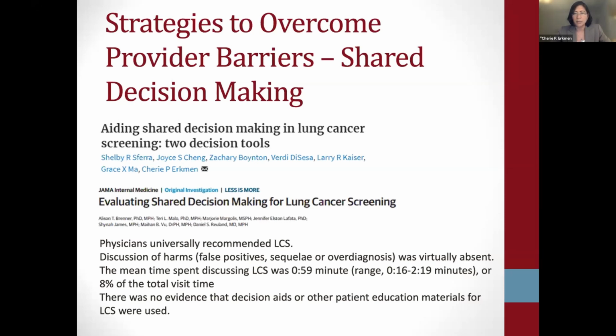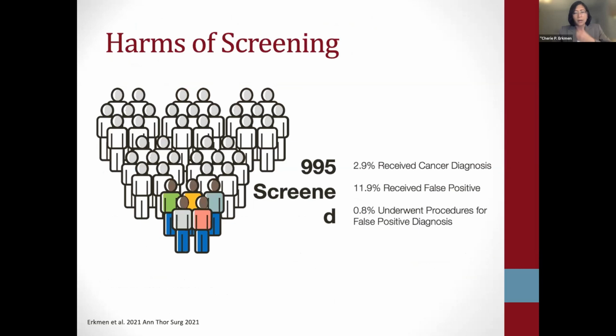The mean time spent in the discussion was about a minute, and there really wasn't evidence that a decision aid was even used in most lung cancer screening visits. So we do have a long way to go. Again, with our messaging, we really try to make it very straightforward. Harms of screening is probably the most important thing to discuss.